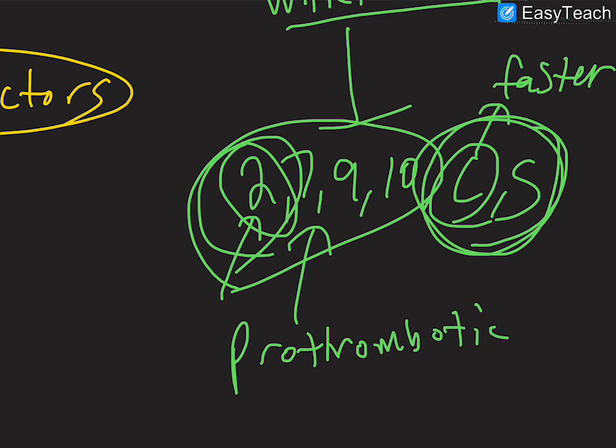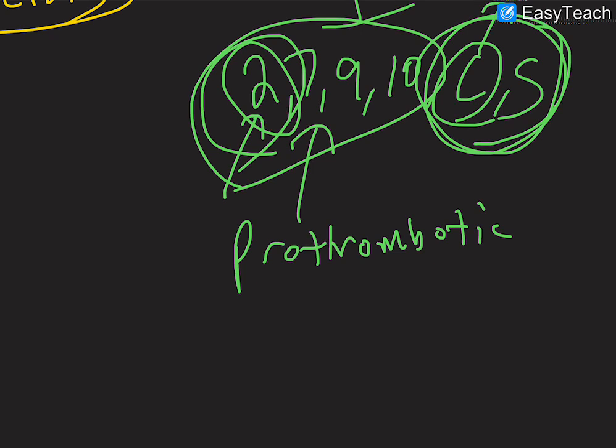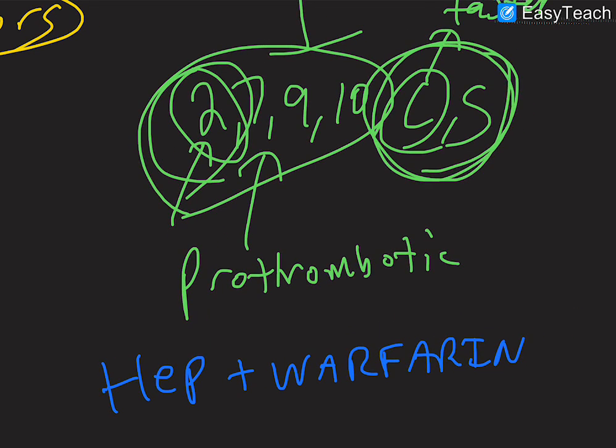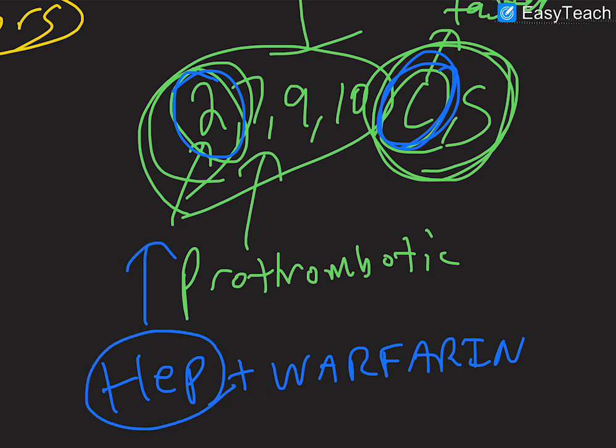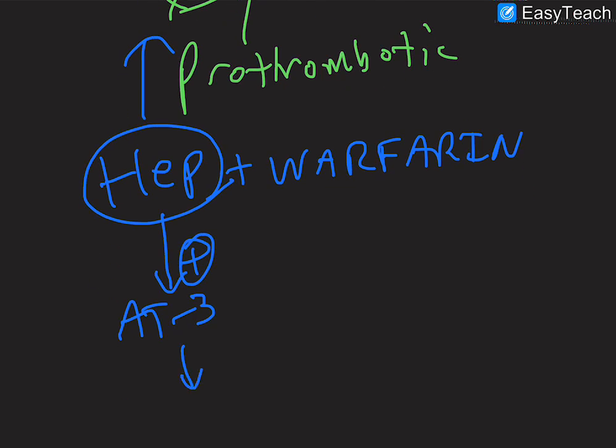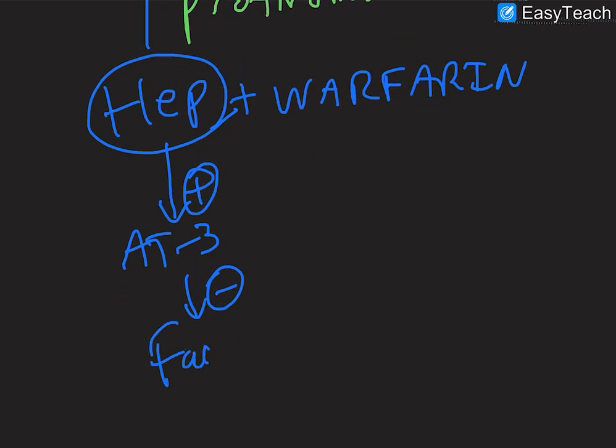So what you would want to do is start heparin and warfarin at the same time. Because of the warfarin, you're depleting protein C faster than your clotting factors, like factor 2, so you're prothrombotic. But if you give heparin, we know heparin stimulates antithrombin 3, which inhibits factors 2 and 10.